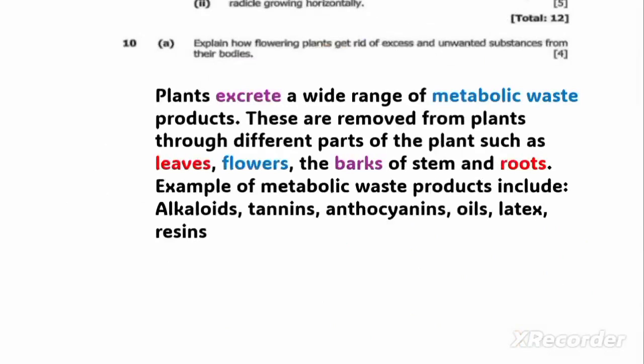These are removed from plants through different parts of the plant, such as leaves, flowers, the backs of the stem, and roots. Examples of metabolic waste products include alkaloids, tannins, anthocyanins, oils, latex, and resins.